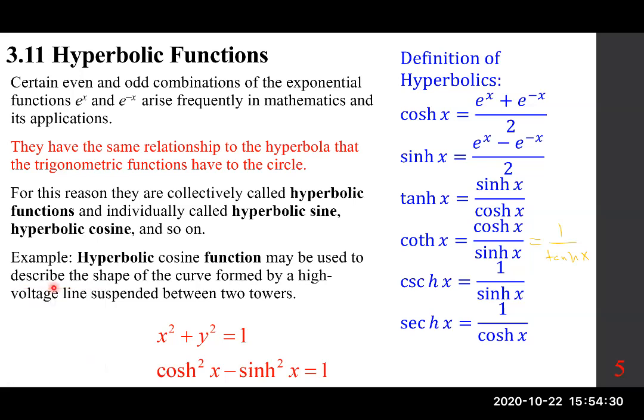That's another way of writing it. Cosecant was 1 over sine, so hyperbolic cosecant is 1 over sinh. Secant was 1 over cosine, so hyperbolic secant is 1 over cosh. So very similar to trigonometric functions and identities. There are some similarities, there are some differences. We're going to discuss all of those.